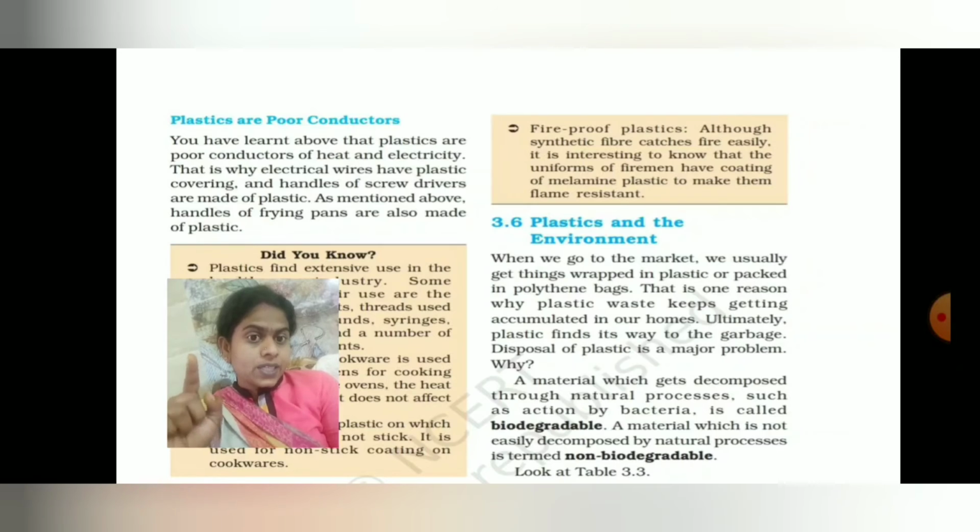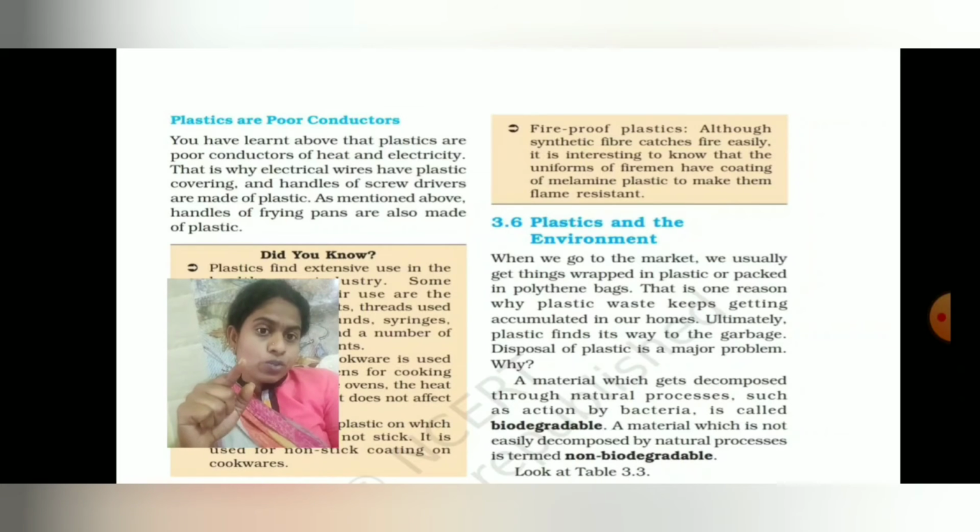So bakelite and melamine are very strong kinds of plastics. Bakelite is used in electrical wires and switches because even when heat is applied, it never changes its shape. That's why it is used in the handles of pans and cookers, in electrical wires, and also in screwdriver handles, because plastic is a bad conductor of heat and electricity.